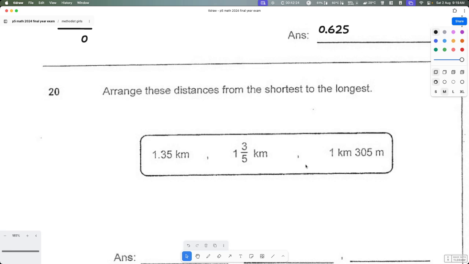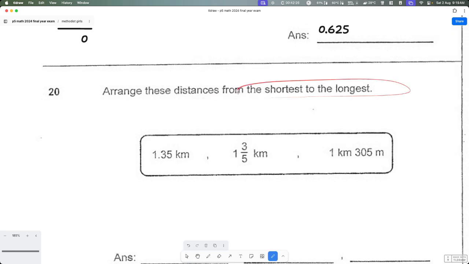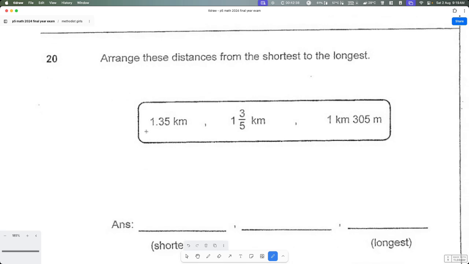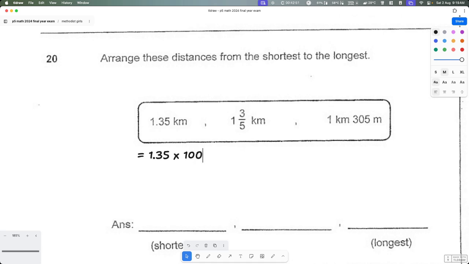Let's move on to question 20. Arrange these distances from the shortest to the longest. What can we do? I think we can convert these to the same format. First, 1.35 kilometers is equal to 1.35 times 1000, and this will give us 1350 meters.